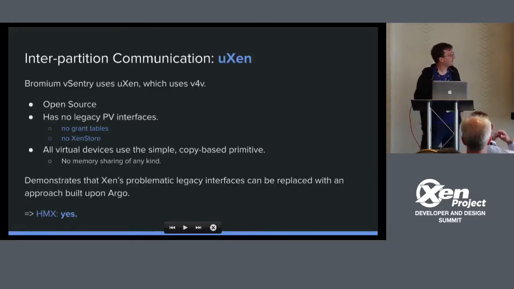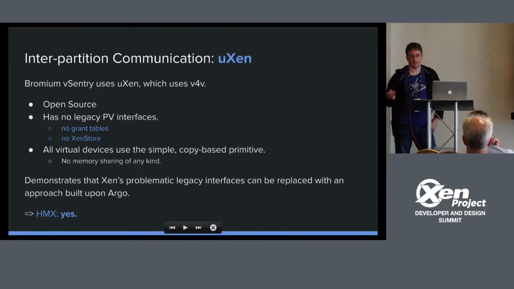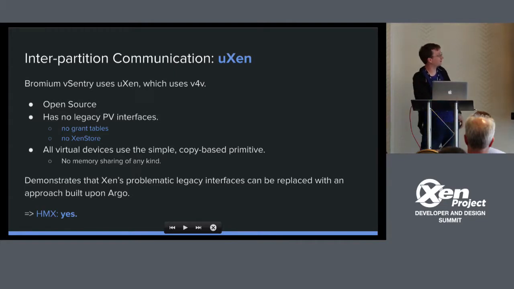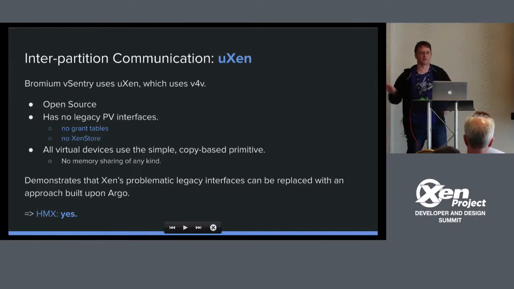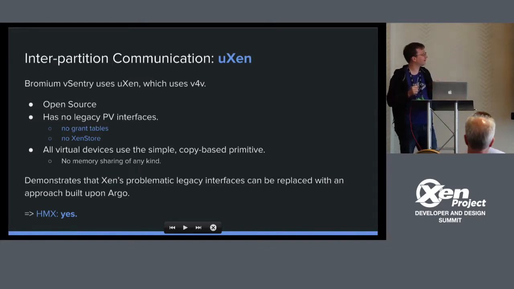And then uXen. So uXen is an open source type 2 hypervisor developed by Bromium that uses V4V, which you can trace its lineage back to Xen Client. And since it's open source, I studied the V4V implementation, studied the OpenXT V4V implementation, in order to construct what Argo became. uXen has no legacy PV interfaces.